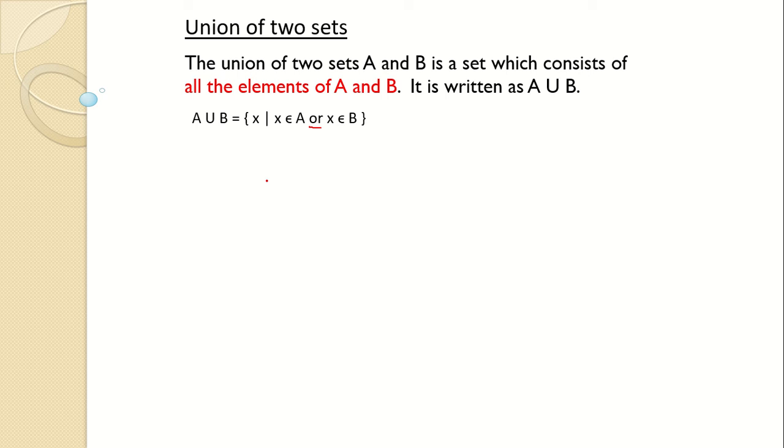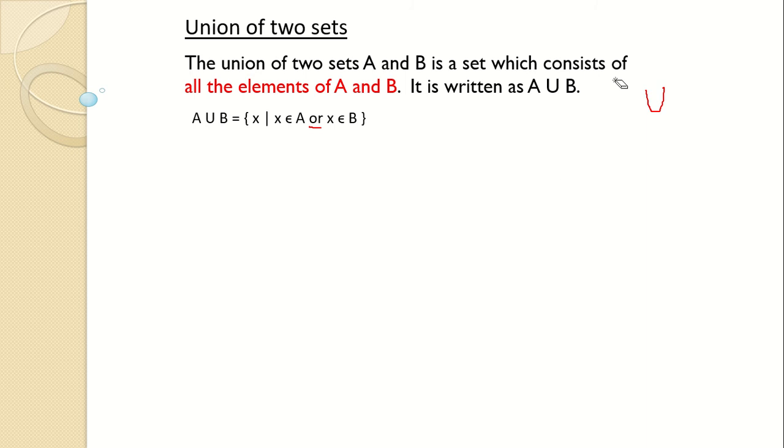So basically union will have that A part, B part, and even that intersection part, that entirely is called union. And this symbol U is the symbol for union. It is read as A union B.